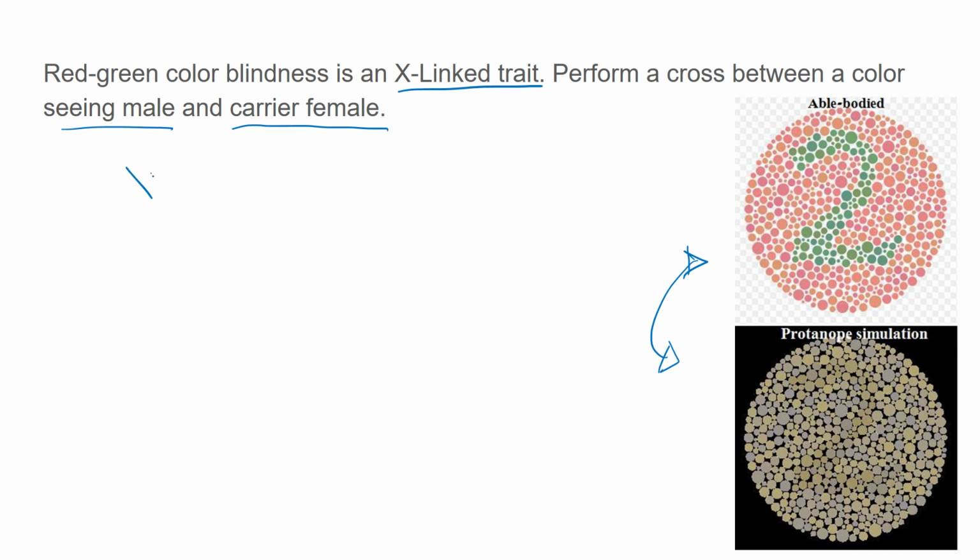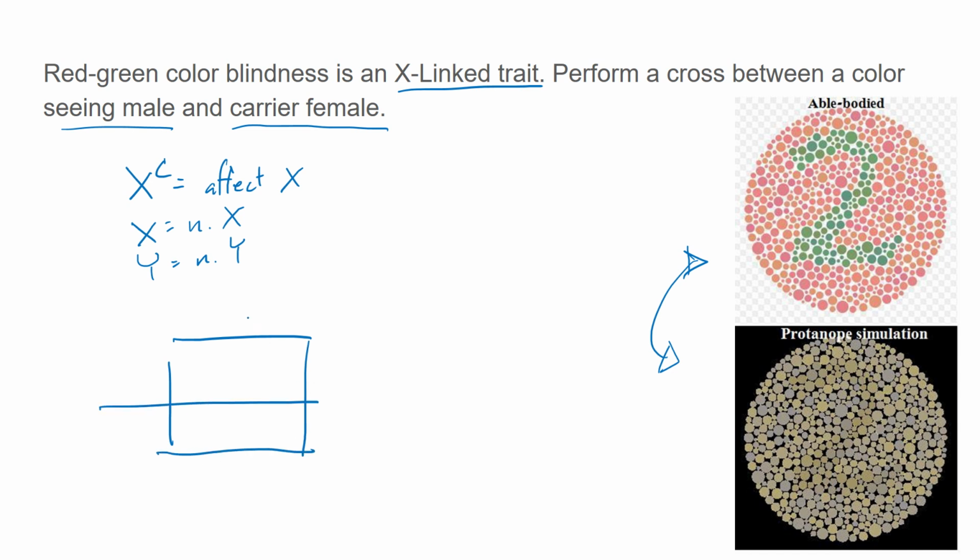So how do we, let's see, colorblind. Let's do a C. So XC is the affected X gene, right? Then this is the normal X, and this is the normal Y. So let's do a cross between a boy and a girl, meaning XX and XY.